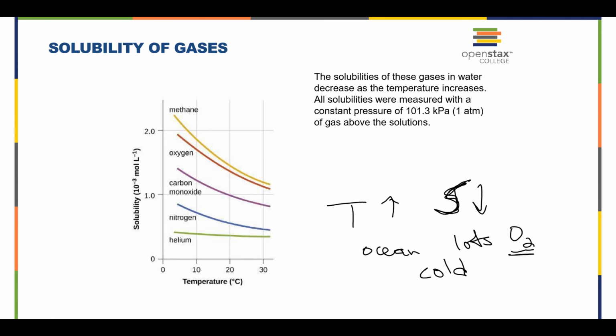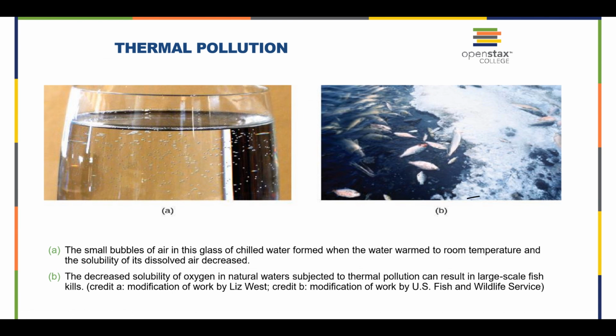If your water gets too warm, it becomes deoxygenated. Warm water becoming deoxygenated is called thermal pollution. It doesn't matter if this is the ocean or a lake into which warm water is being dumped. If the dissolved oxygen goes out, fish can die, and we can have massive thermal pollution.